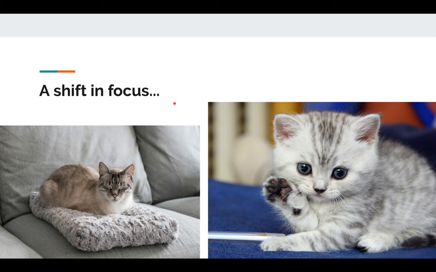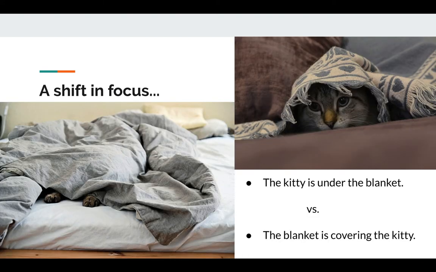And if I'm talking about my kitties, then oops, now the kitties, where did he go? Oh, my kitty here in this example, my kitty is under the blanket. Okay, so if I'm asking where's my kitty, I'm thinking about my kitty, then I will say the kitty is under the blanket. But in the same situation, I can say the blanket is covering the kitty, right?